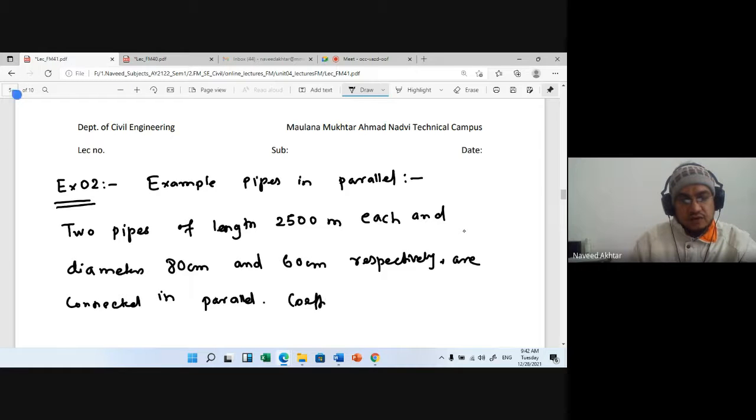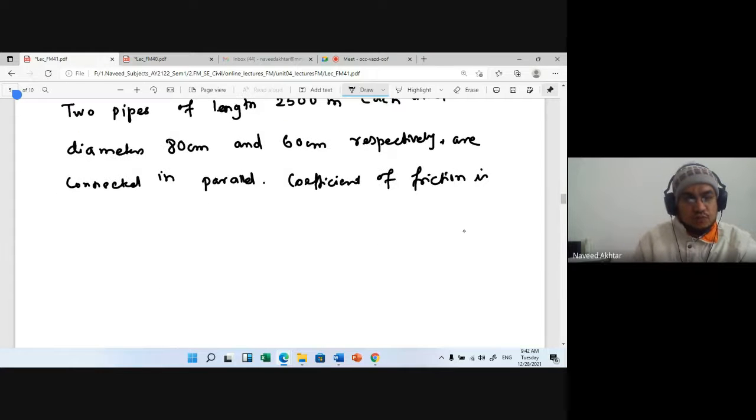Coefficient of friction is given as 0.006.